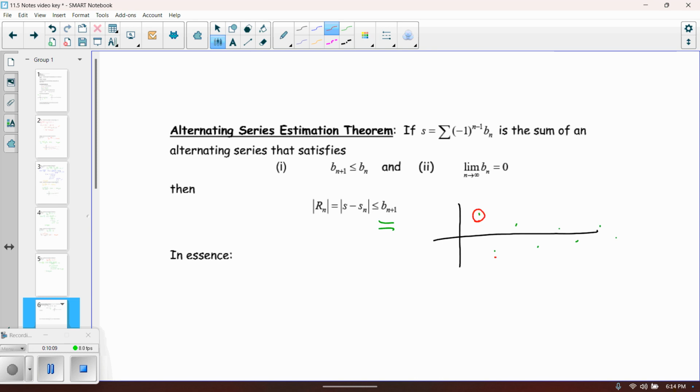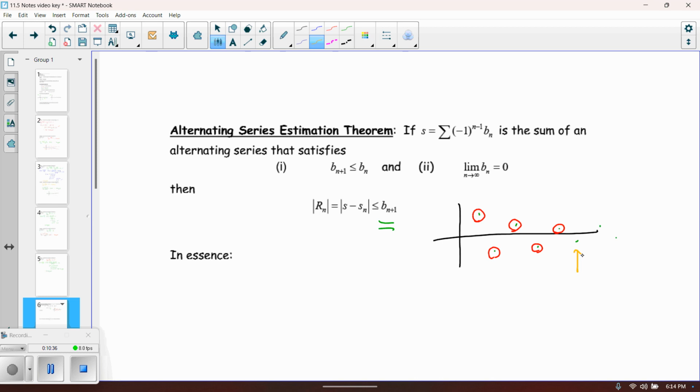Here's term 1, 2, 3, 4, 5. What this is telling us is that the b sub n plus 1 term, which is the next term in the series, this one right here, is the biggest possible error, or at least the biggest possible error has to be less than or equal to that value.